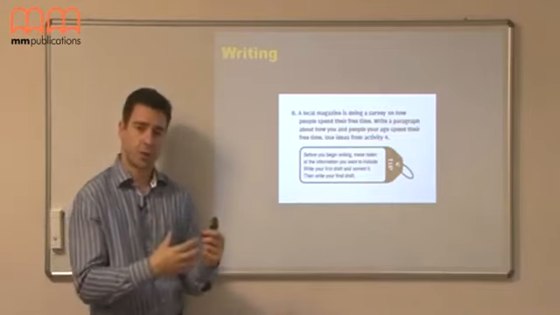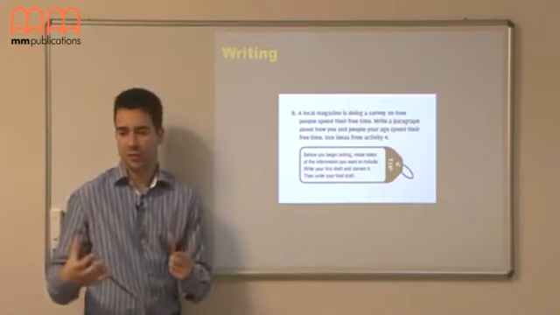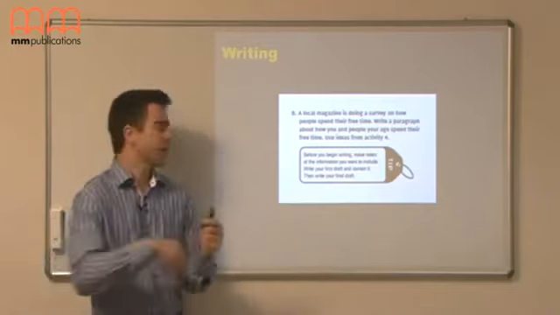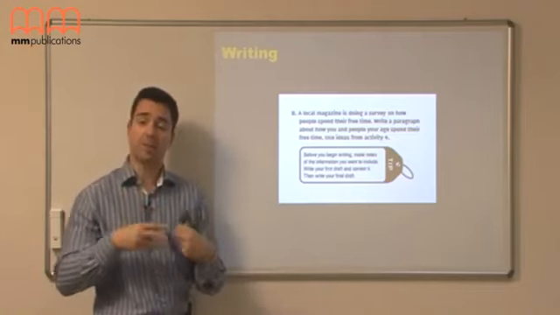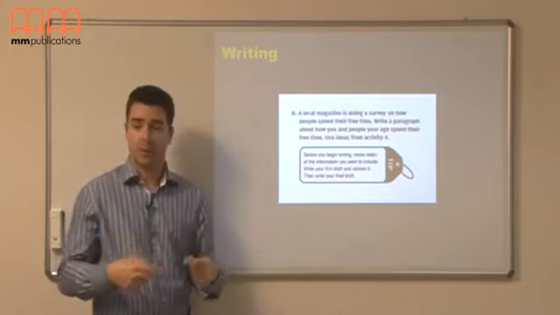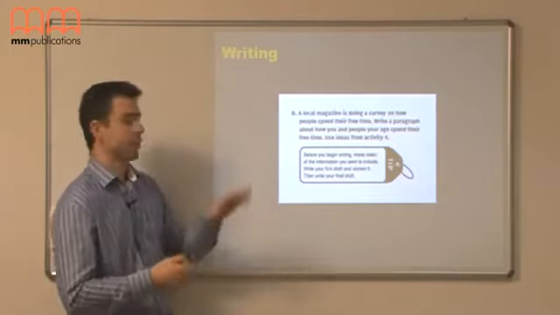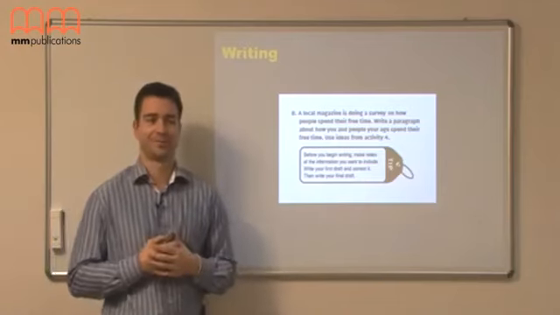So once you have your notes, then I want you to write your first draft. Write a paragraph, okay, using your notes and so on. Read that paragraph, check for mistakes, think about how you can improve your writing, and then rewrite your paragraph neatly with all the corrections. All right? Okay, so go ahead.